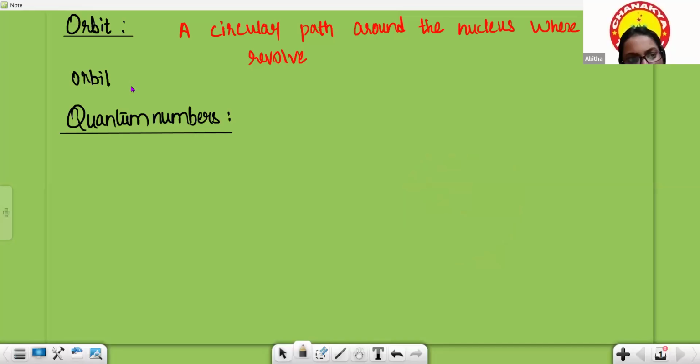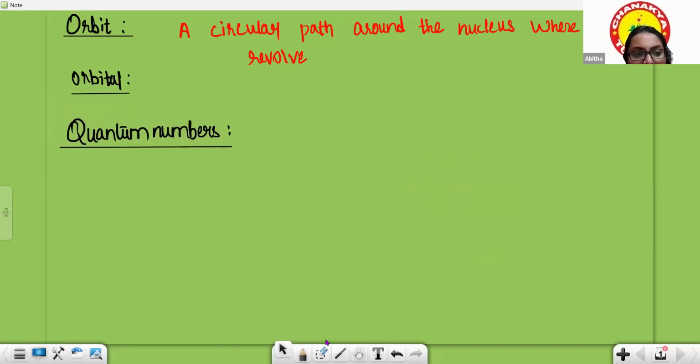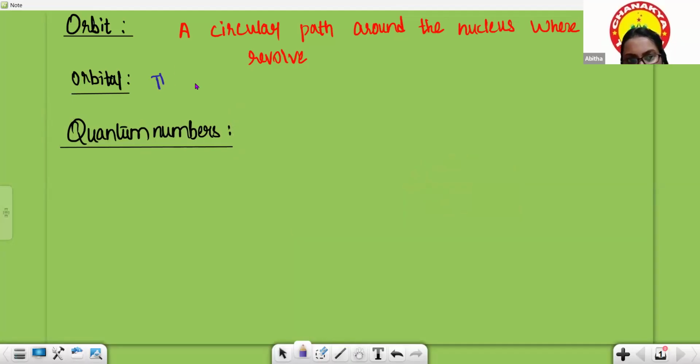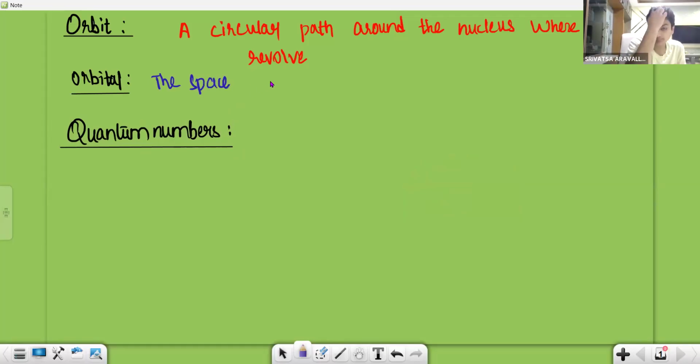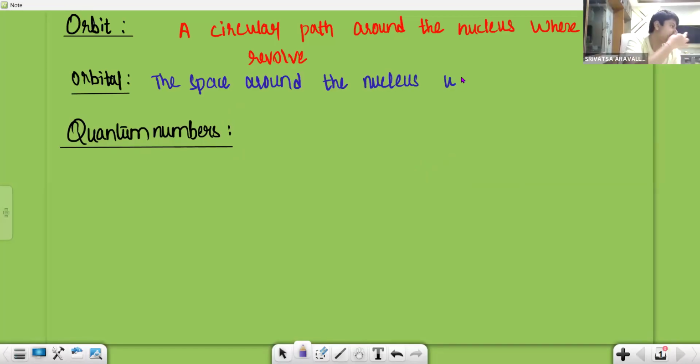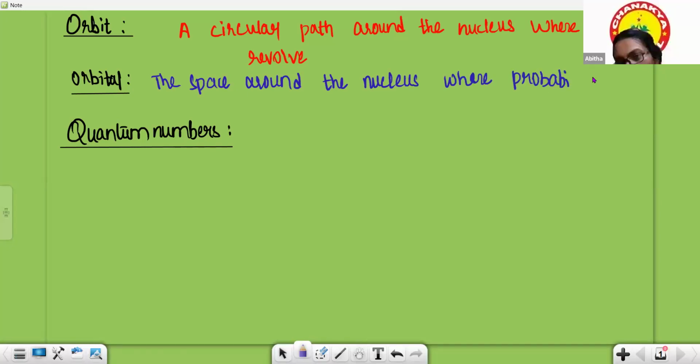So the next definition you have to know is an orbital. Orbital is the space around the nucleus where the probability of finding an electron is maximum.